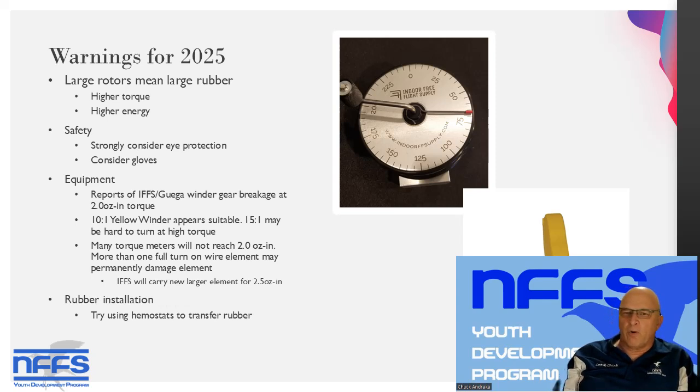This is especially important on the IFFS or Gallega torque meters. While they have numbers on the face, those are arbitrary numbers. Even with the heaviest element sold for that device, it only goes up to about 1.5 ounce-inches of torque. So don't ruin your equipment by using it for a higher torque than it was designed for.